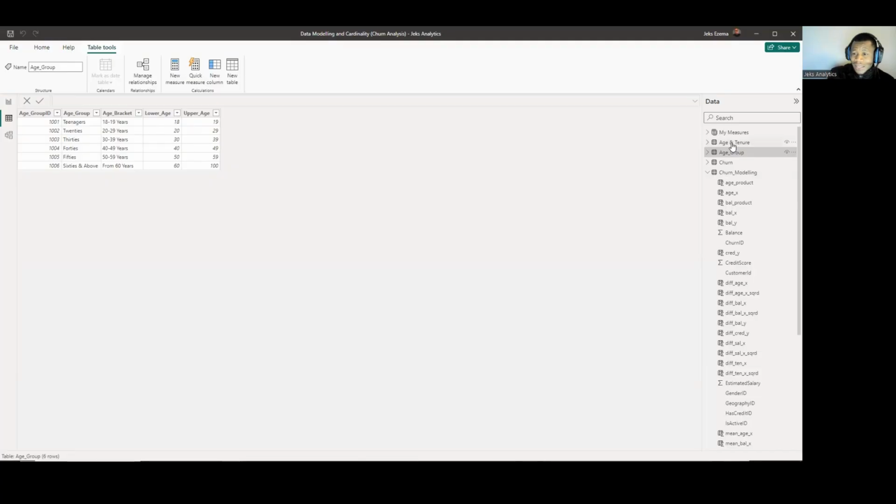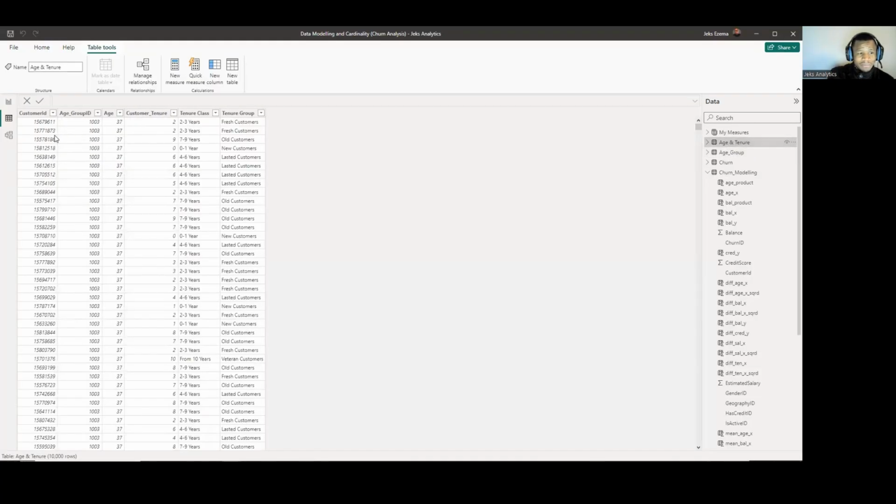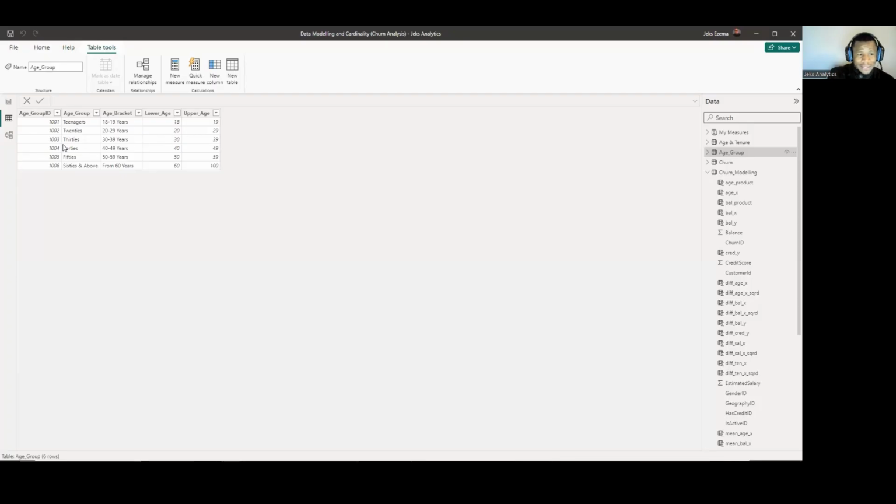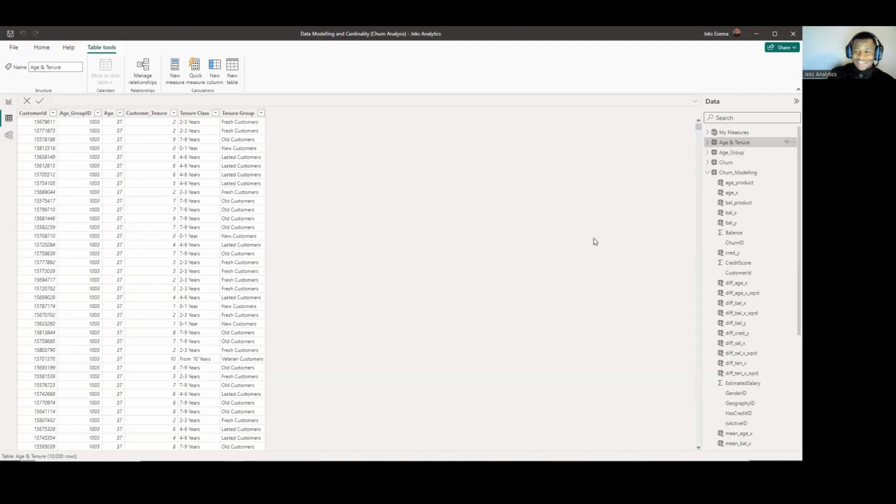Let's go back to that age and see if we can connect it. Remember, the 30s is 1003, right? So which means all the ages between 30 and 39. If we come here, that is why we call it facts. Fact is where you can now match the keys of those dimensions that you've created.